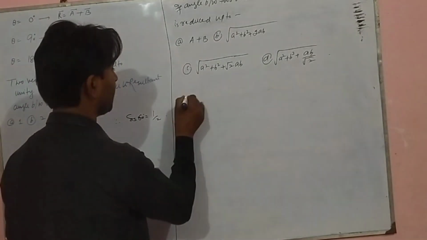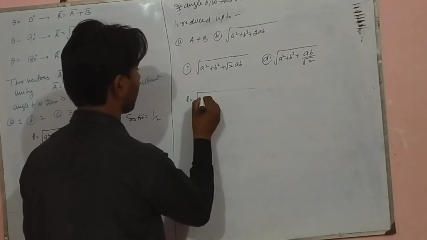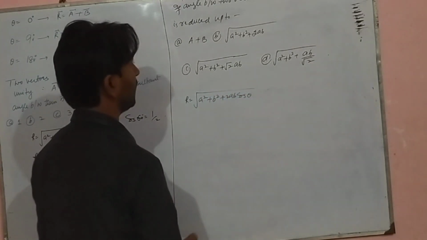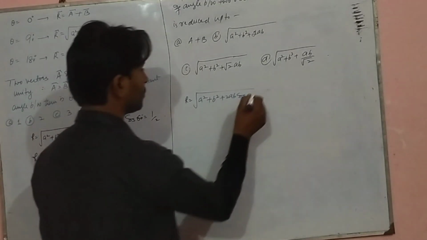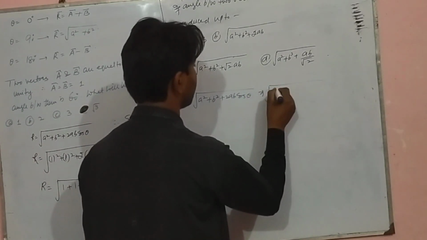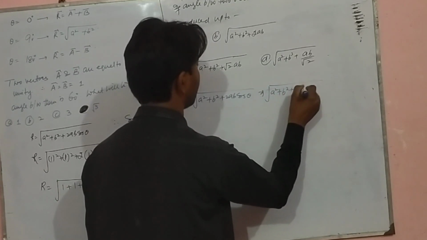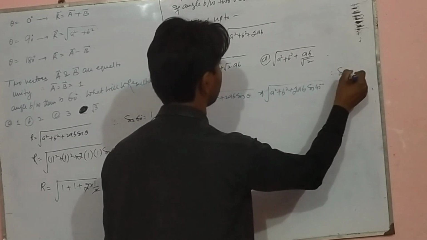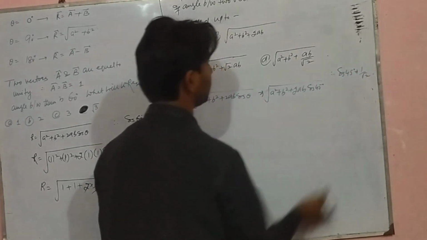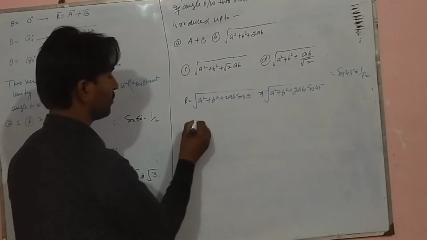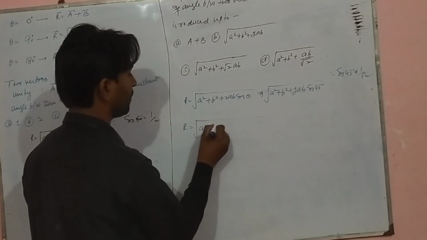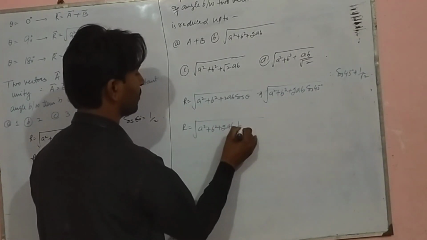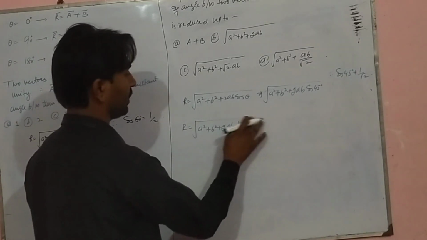Let us solve. R is equal to the square root of a square plus b square plus 2ab cos theta, and the angle is 45 degree. So a square plus b square plus 2ab cos 45, and cos 45 equals 1 over radical 2. Okay.